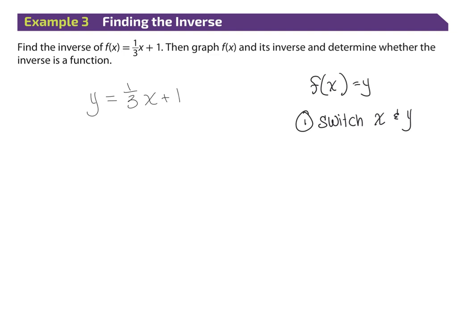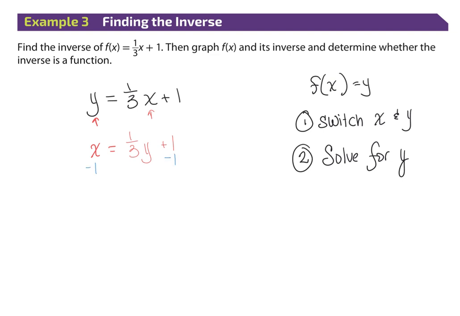Literally write it, instead of a y value, we're going to write an x, and instead of the x value, we're going to write a y. From there, we are going to solve for y, just like I would if I were solving this equation for that variable. I'm going to subtract that 1, x minus 1 equals 1/3 y, and then I'm going to multiply by the 3. So y equals 3x minus 3.